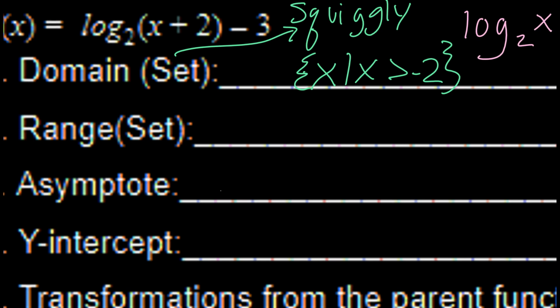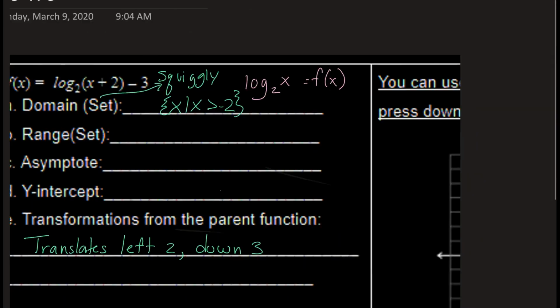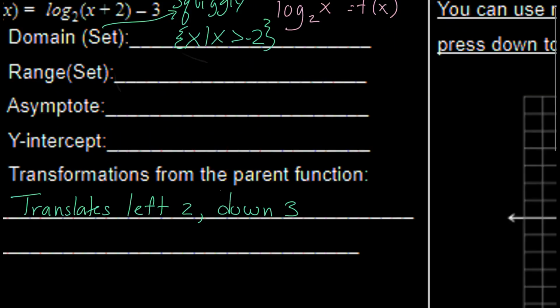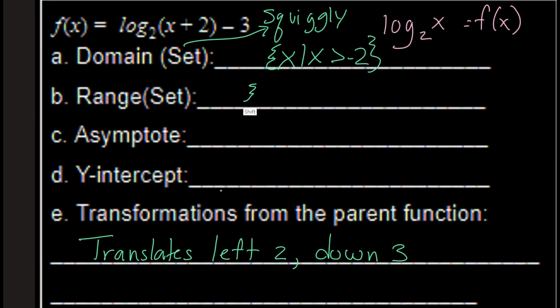What is my range? What is my lowest y value on this graph? Negative infinity. And what's my max y value? Positive infinity. So what is my range? All real numbers. What was my asymptote again? x equals -2.